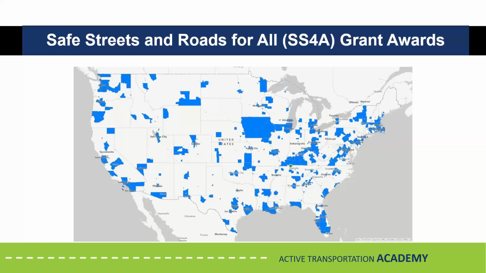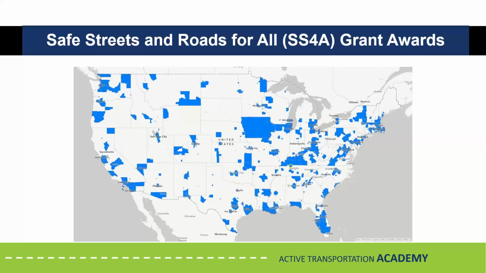This first of its kind program was created by the President's infrastructure law and is part of more than $14 billion in the law dedicated to roadway safety. So the map you see on this slide represents the communities who received funding in the first round announced last year in February of 2023, which included 473 communities who received planning grants and 37 communities who received project implementation grants.